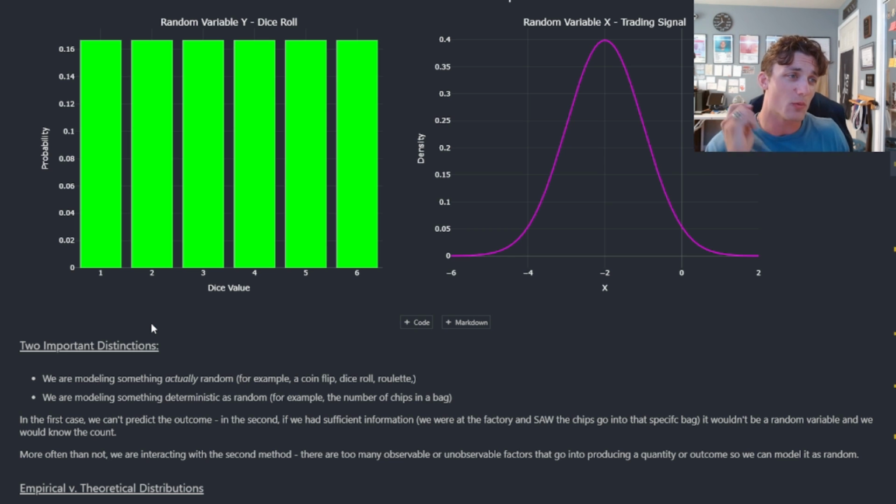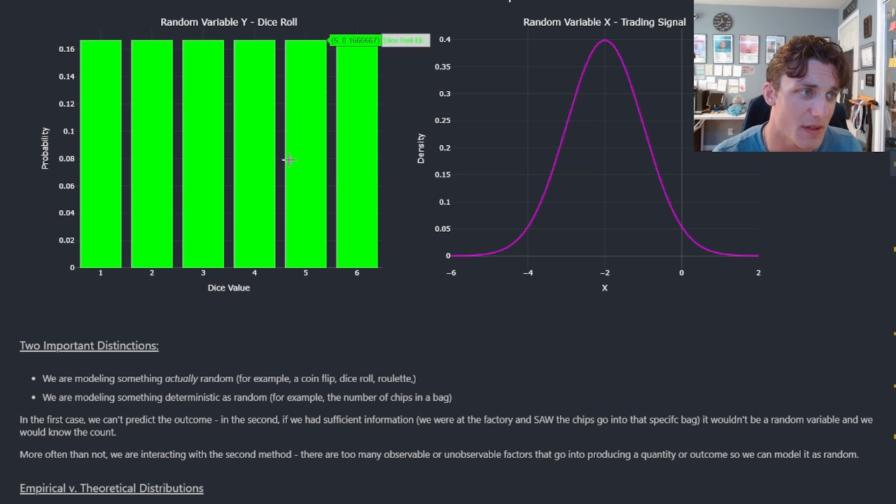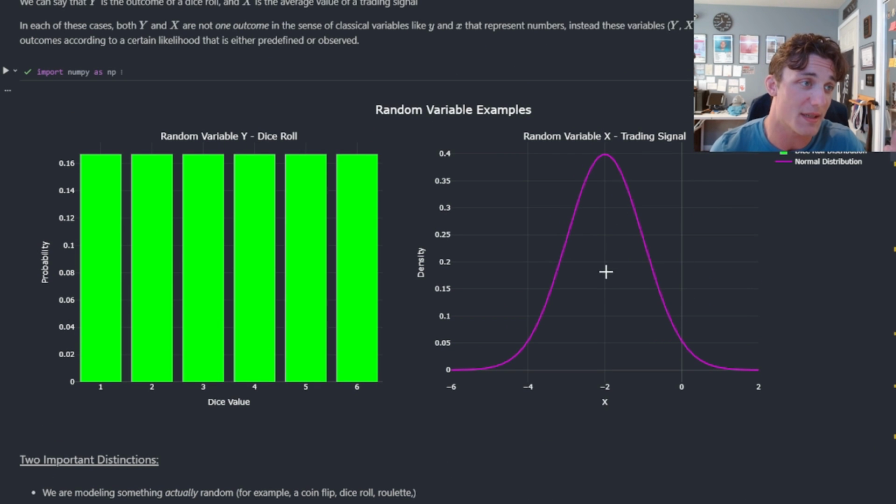So when we roll a dice, we're dealing with independent draws from the same distribution, where no amount of conditioning on any information is going to change the distribution. But this is not true when we're dealing with a random variable, or treating something like a random variable, like a trading signal.